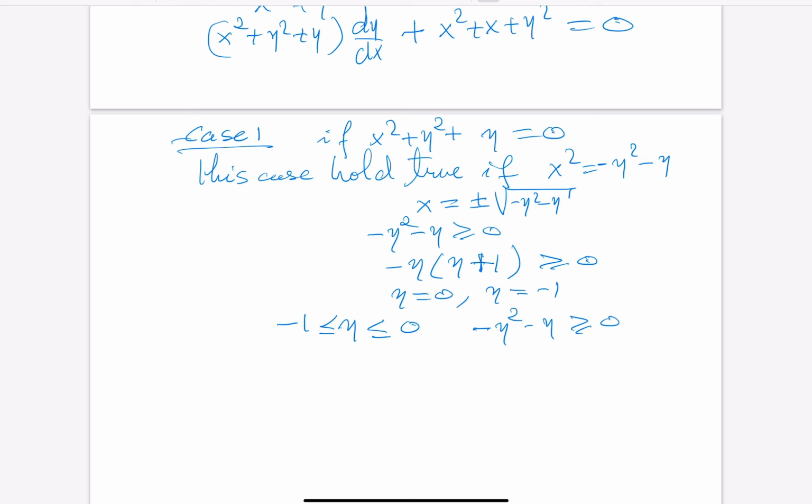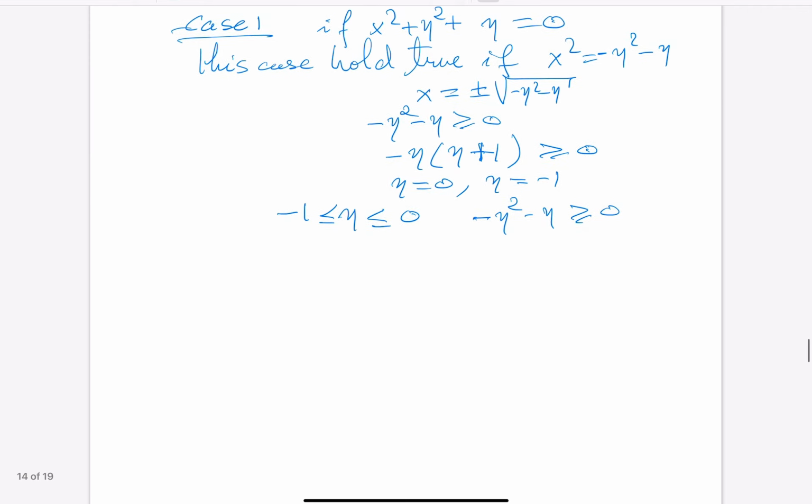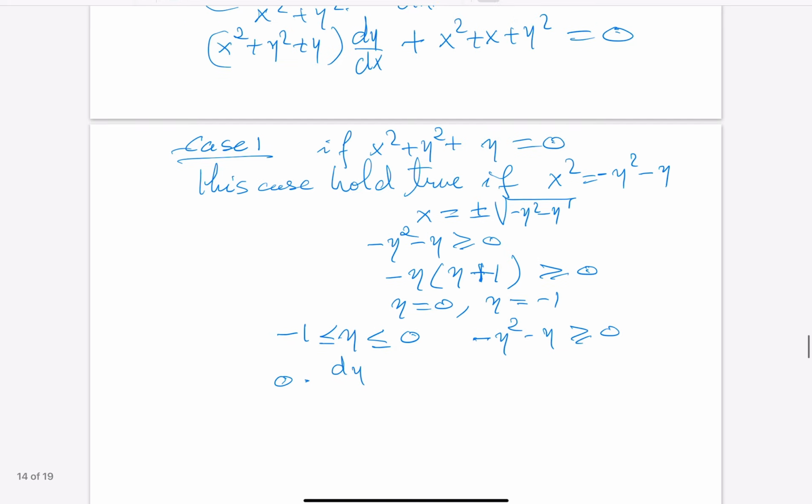Now, if y equal to negative 1, you have a 0. Now, let's go. In that case, if this one is 0, we will have a 0 times dy because of this one.